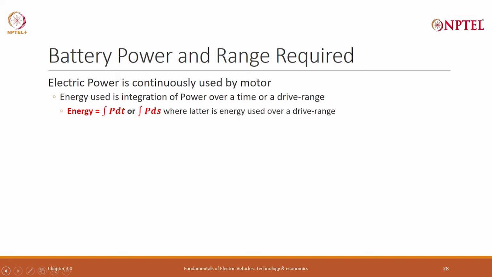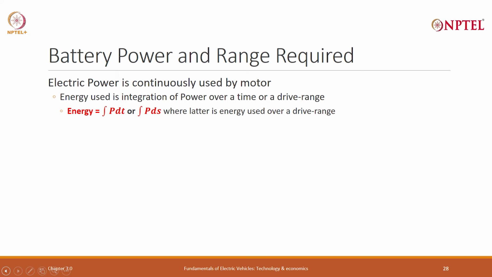The other important thing that you need to worry about is battery power and range required. What is the battery power? I talked about capacity. Electric power is continuously used by the motor. So, the energy used is the integration of power either over distance or over time, over the drive range.